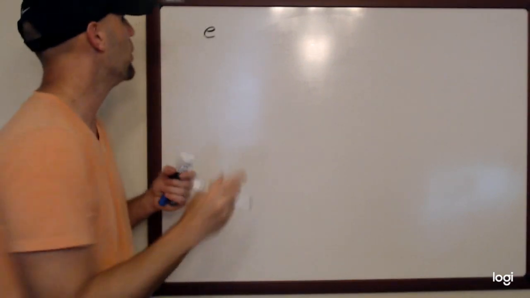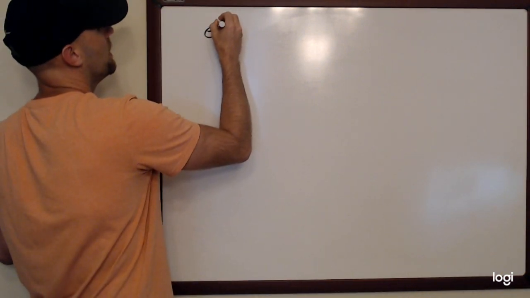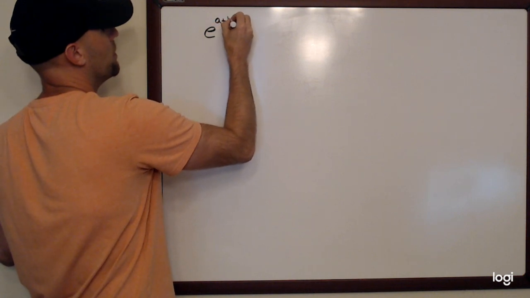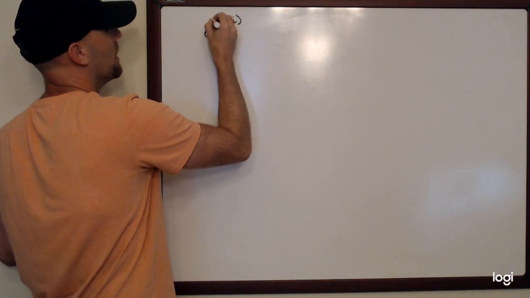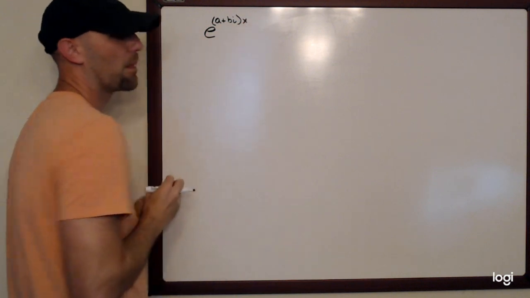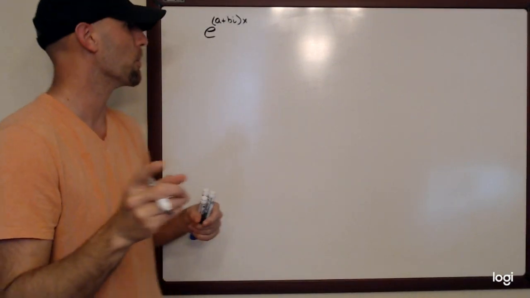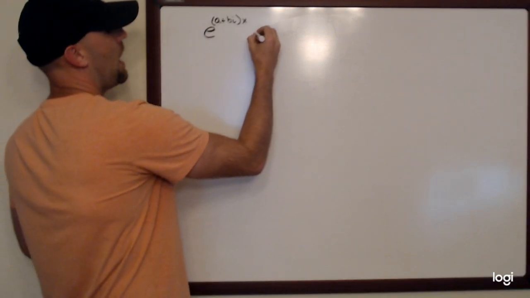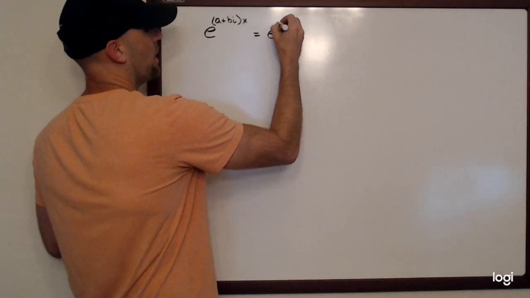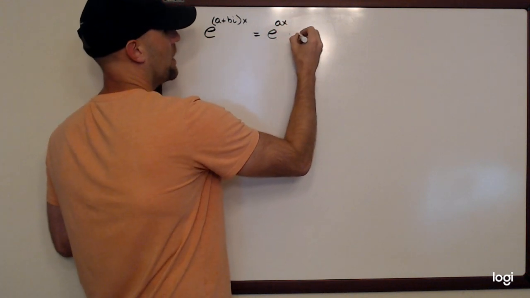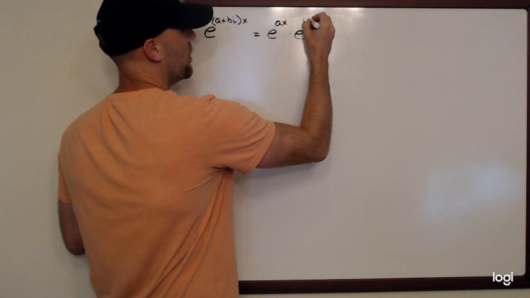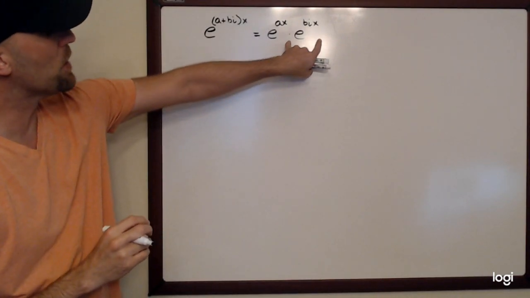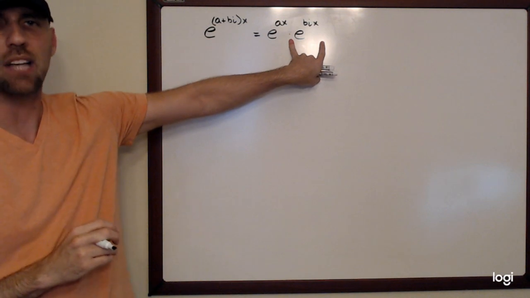So e to the (a plus bi)x. This is a little bit larger than Euler's formula, but I'm writing this because this is what our roots are going to look like. I can rewrite this as e to the ax times e to the bix. And Euler's formula gives me a way to rewrite the one with the complex exponent.